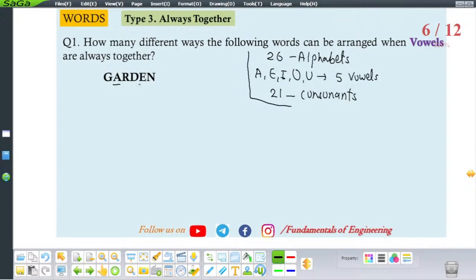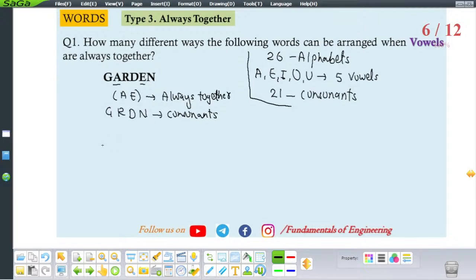A and E. These are the 2 vowels present in the word garden, and they will always be together. The remaining letters are G, R, D and N, which are the consonants, and with these consonants we have to arrange the 2 vowels in such a way that they always stay together.